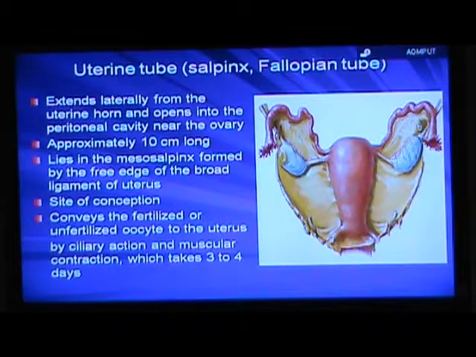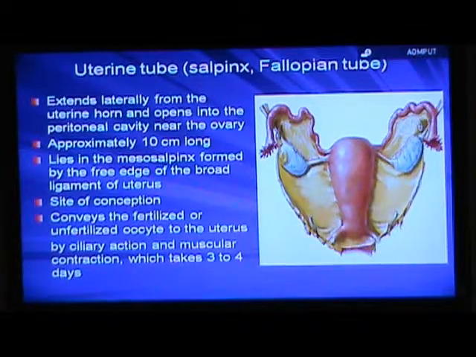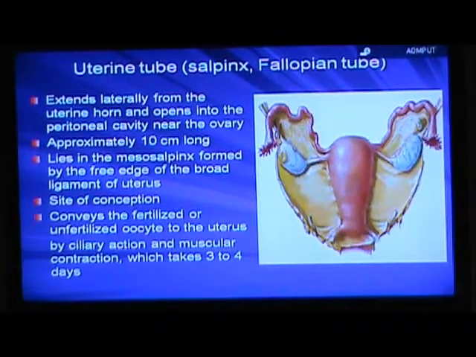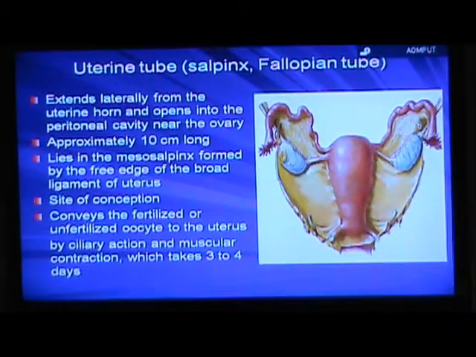The next structure, which belongs to the female genital organs, is the uterine tube, which is also called the salpinx or fallopian tube. It extends laterally from the uterine horn and opens into the peritoneal cavity near the ovary.